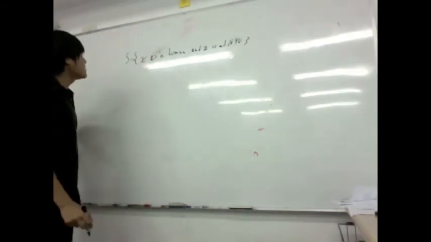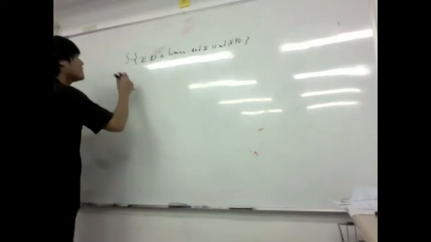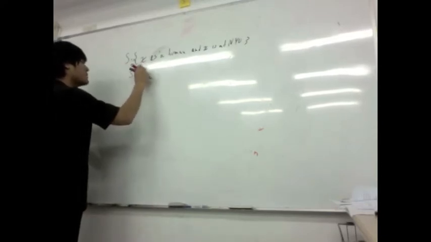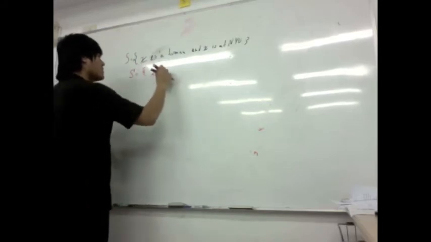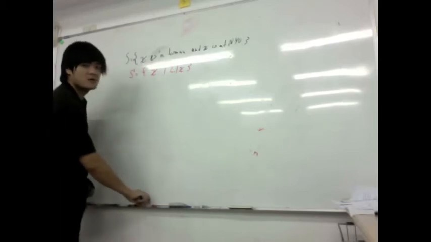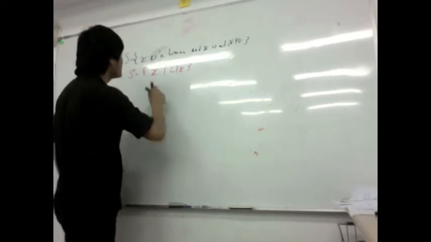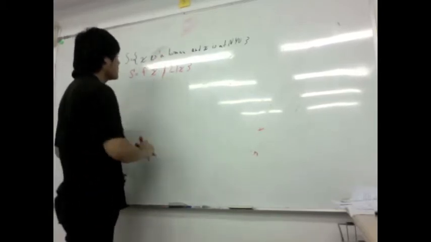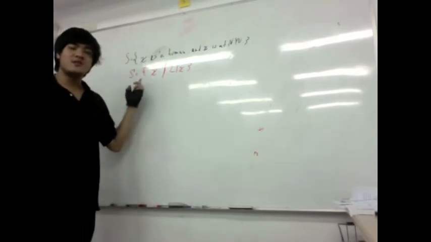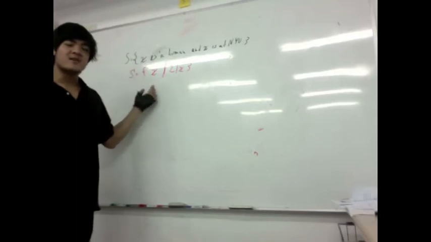You've probably seen this notation before also. Let's say S prime equals the set of X where 2 divides X. This line means "where". So here's the thing though, I never told you what universe X has to be in.